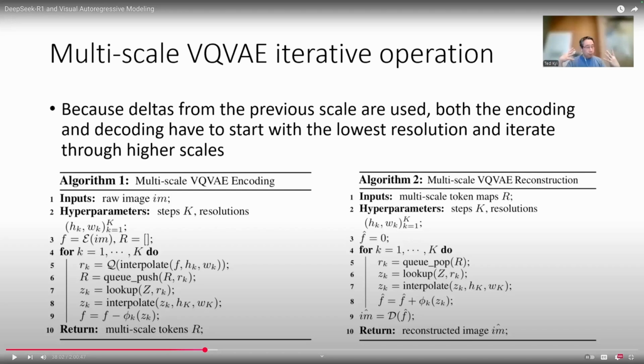Okay. What happens when we're in image generation mode is, let's say we already have the 1 by 1, okay, and we have this very basic image. The next step here would be to pop the 4 integers from the 2 by 2 off the queue in order to reconstruct. But we don't have a queue when we're in generation mode.